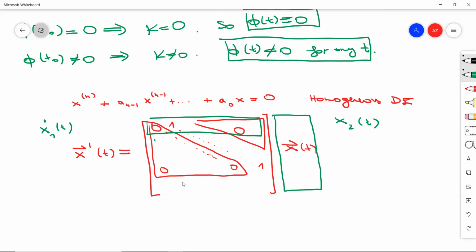The second row multiplied by vector x gives x3 of t, and on the left hand side we get x2 prime of t. So those first rows just correspond to this algebraic trick of introducing new variables.